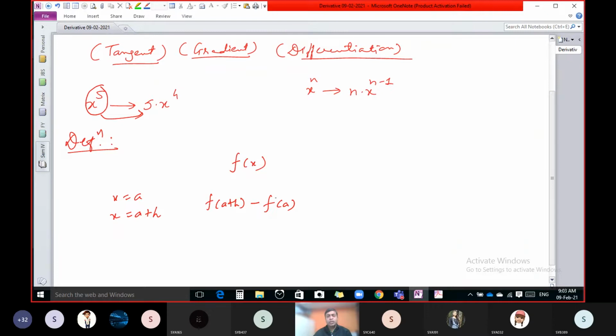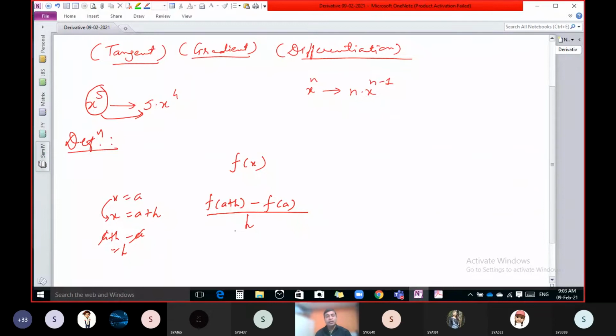Now this is known as absolute difference. If we divide this by the difference of the value of x, that means a plus h minus a, and if we cancel a, we get only h. So that is the actual difference in the value of x. If we divide this by h, we get relative difference.